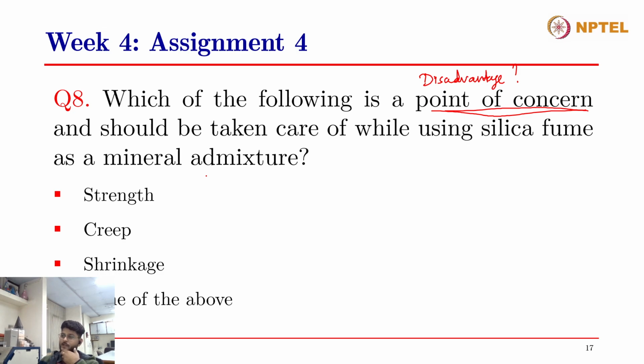And then I want to ask the question, why does a high volume of silica fume cause shrinkage? And before going to that, I'm just asking what is shrinkage in cement or concrete?